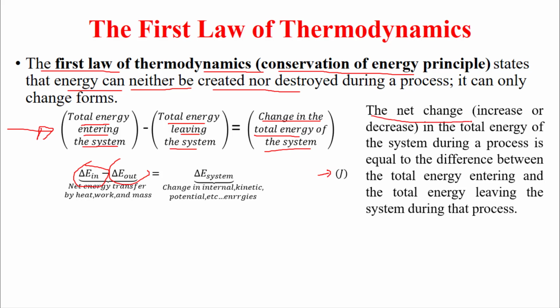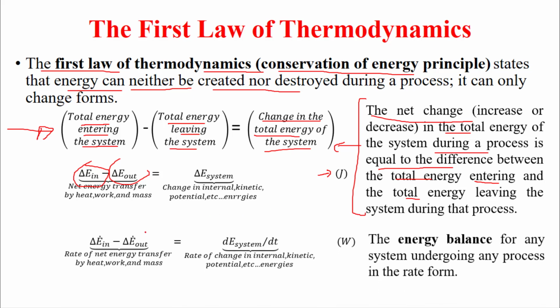So the net change, increase or decrease, in the total energy of the system during the process is equal to the difference between the total energy entering and leaving. So this is the explanation of this rule. Or in terms of rate, this is the energy balance for any system undergoing any process in rate form.